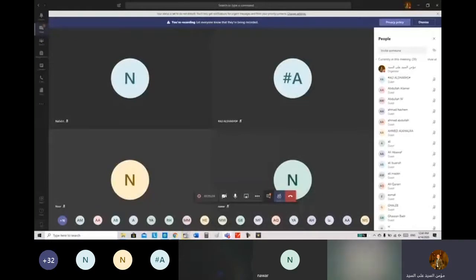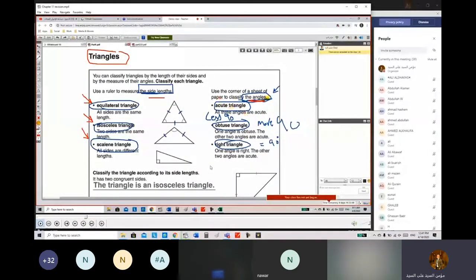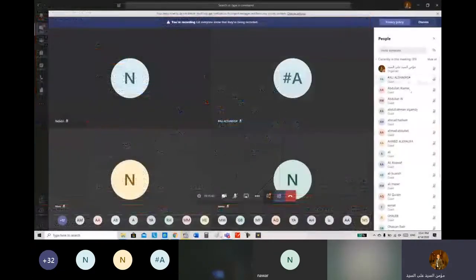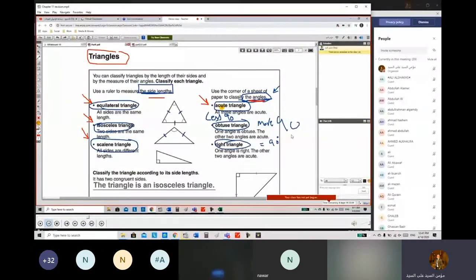Let's continue our explanation. The next classification we have here, according to its angles, we have the first type, acute triangle, and acute angles are less than 90.